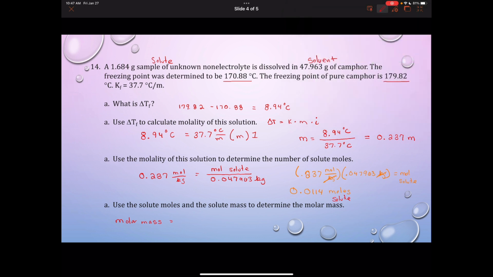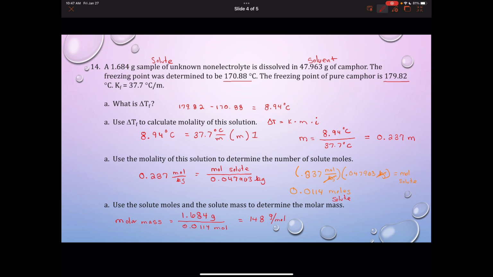So it's grams of my solute. My solute was 1.684 grams divided by moles of my solute, 0.0114, which is going to give me a molar mass of 148 grams per mole.